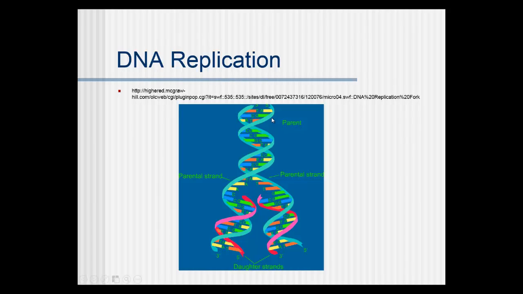So when we want to make another copy of DNA, for example, when a cell is getting ready to divide and make a copy of itself, that's called DNA replication. To replicate something means to copy it.